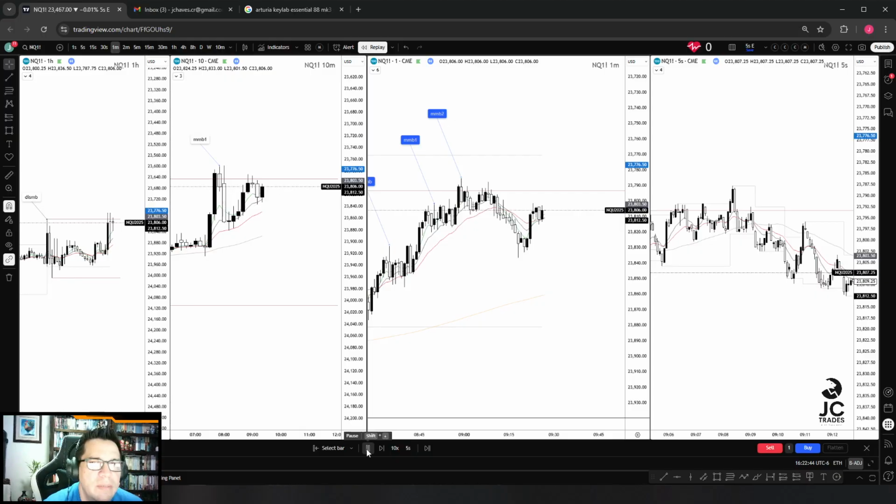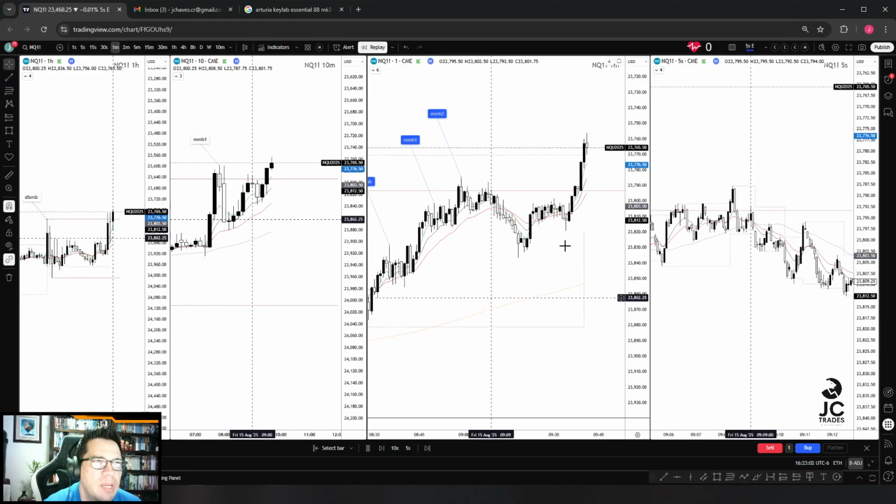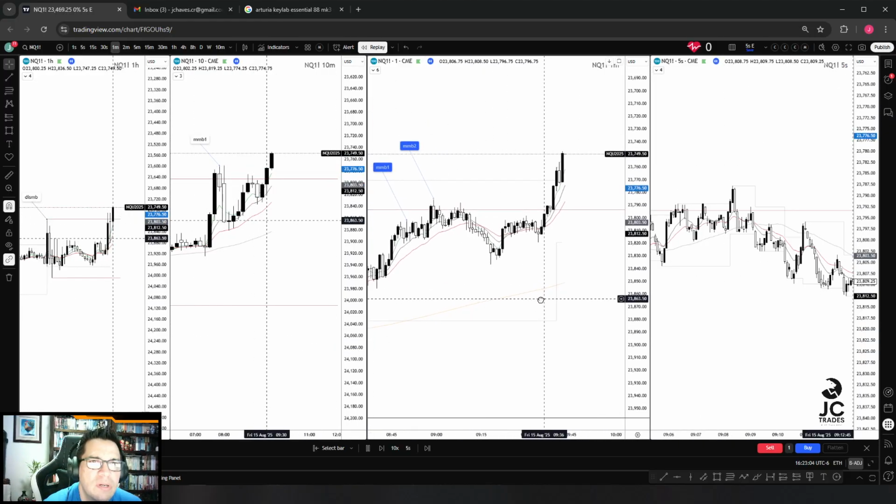At this point, and based on our initial talk at the start of our analysis, I would say I need to see a candle close here on the hourly above the EMA just to start following this one.